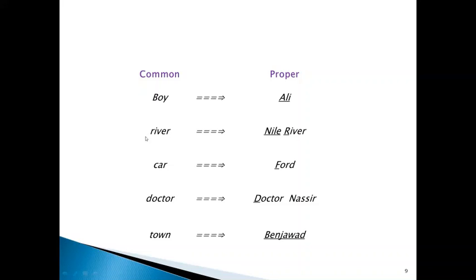When you say river, it's a common noun. Any river, any place. But when we talk about a specific river and we give it a name, the Nile River is a proper noun. When we say car, a car is a common noun.